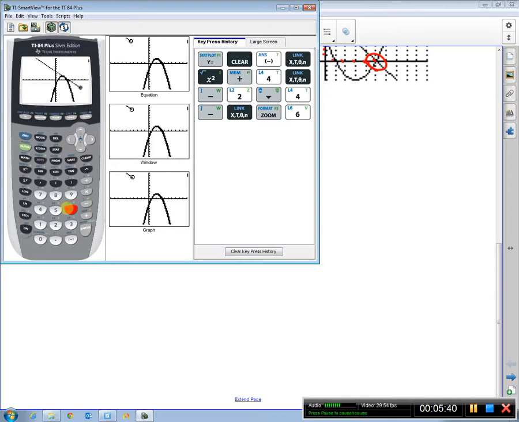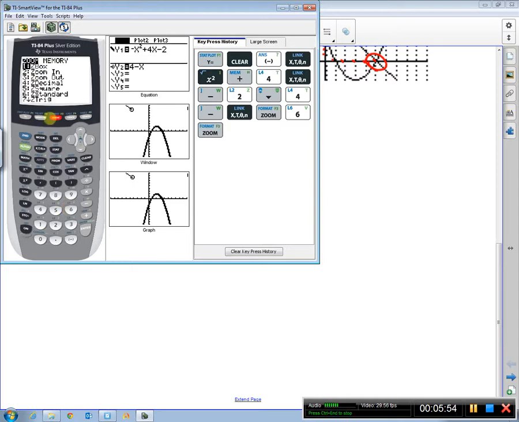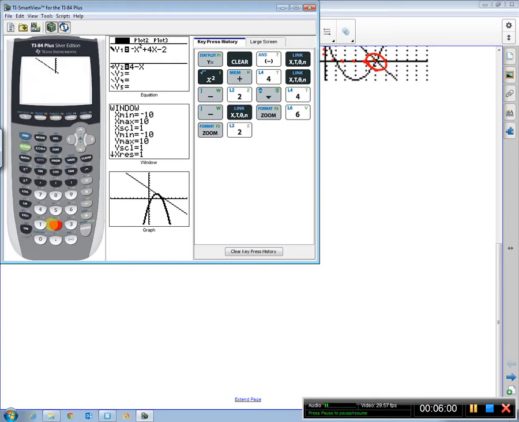The window is nice. It's definitely fitting both graphs, but I need to improve it a little bit. I want to see how many times this really intersects. And right now I can't actually tell very well. So I'm going to do a zoom in. That's choice 2. And I'm going to hit enter again.